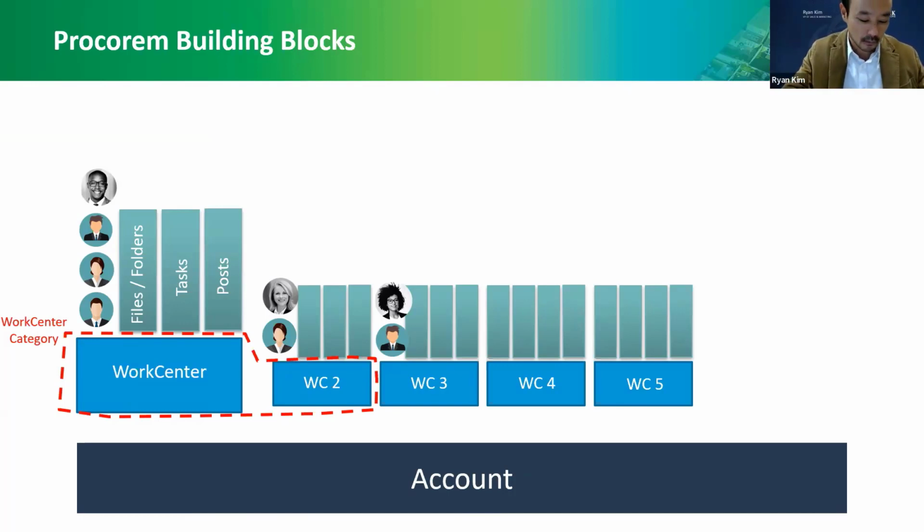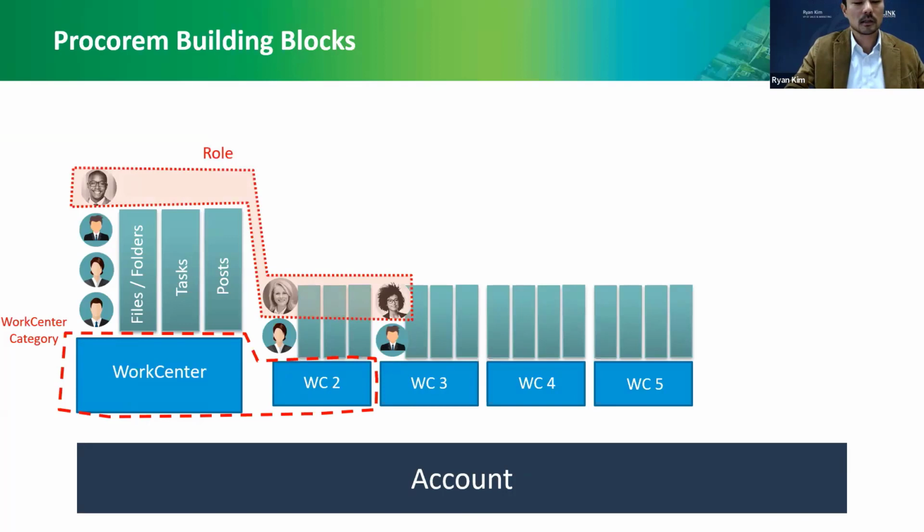So work center category is something that you'd like to be aware of. There are also work center roles. So you have these three different external developers invited to three different work centers, but they can be assigned to the same work center role as a developer. So that's another way to organize a too-many-work-centers situation.